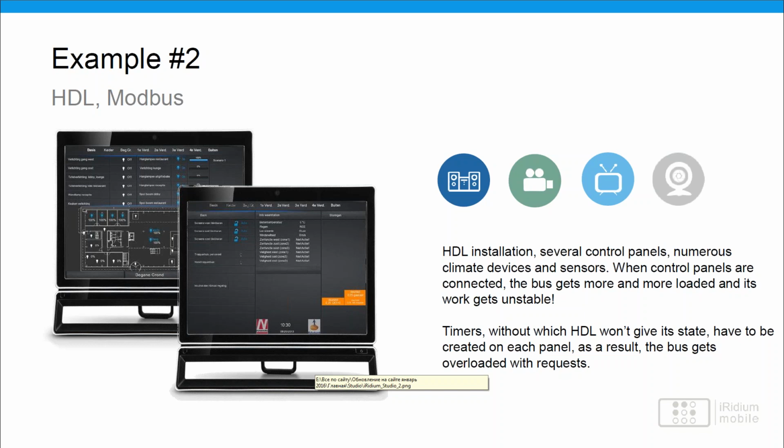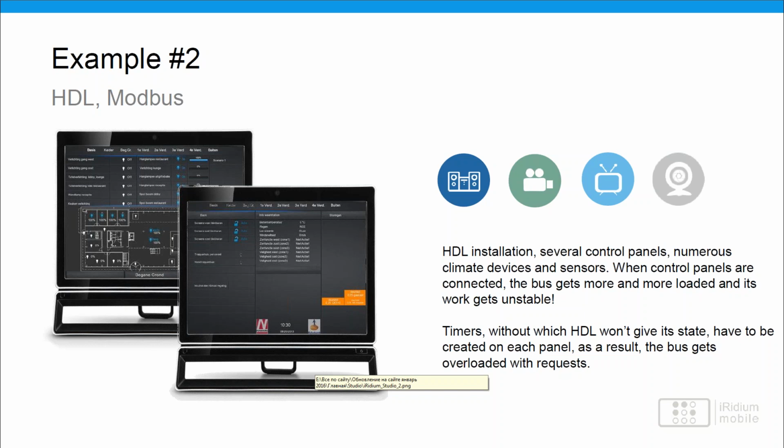And if you have really many pieces of equipment in your house, and really many control panels, the number of such requests grows really fast, and it is possible that the bus will be overloaded by these requests. It is not good, and we have to minimize the number of such requests. But if you have several separated control panels like it was before iRidium 3, you are not able to minimize the number of these requests. With Modbus, it is the same.